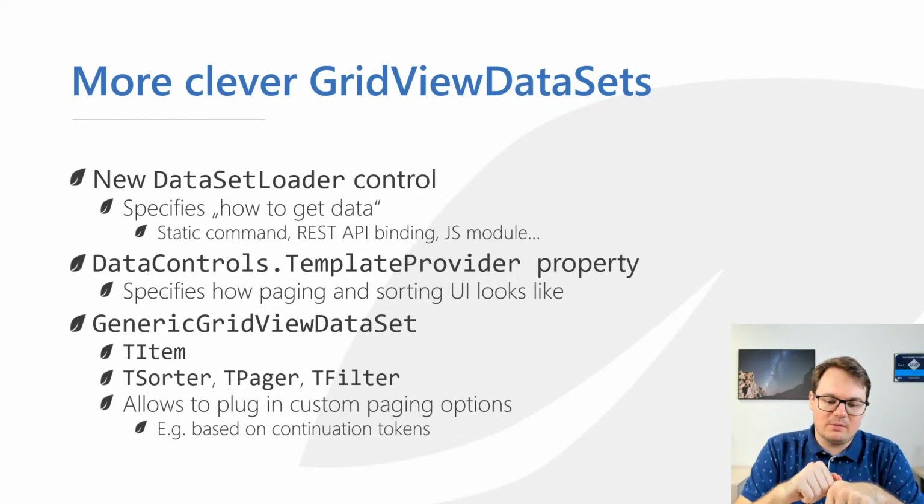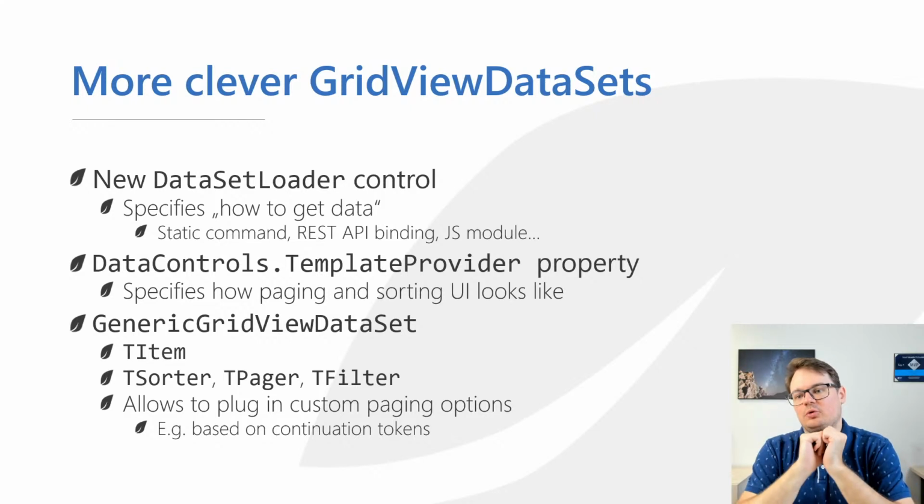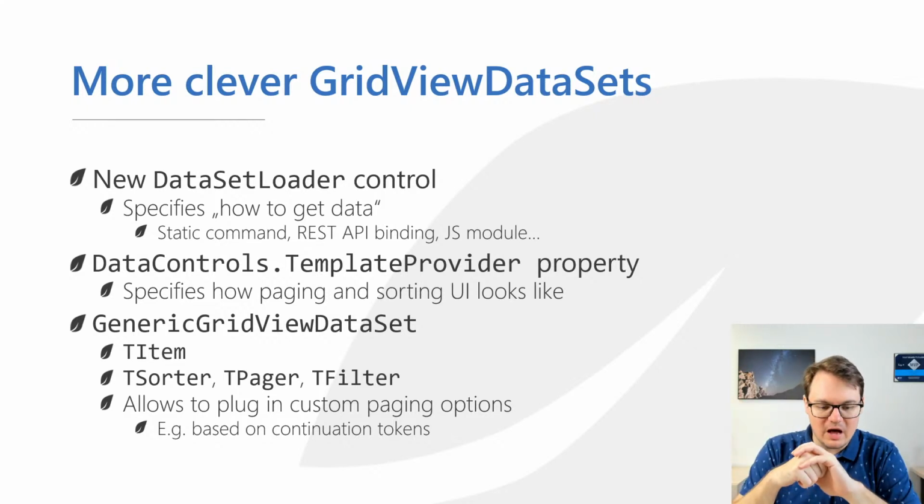So we are thinking about some kind of template provider mechanism where, on the application or page level, you could say, okay, in data pager I want the buttons to look like this and have a data binding that looks like this. So if you want to load by static command, you would be able to do that.